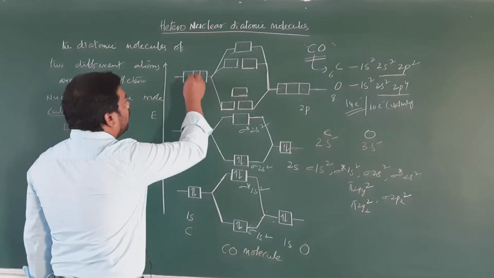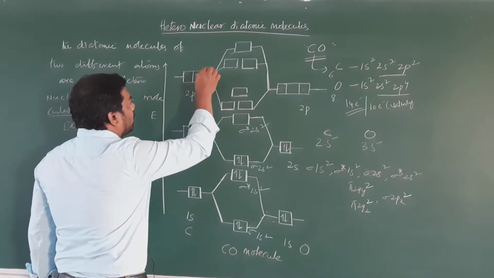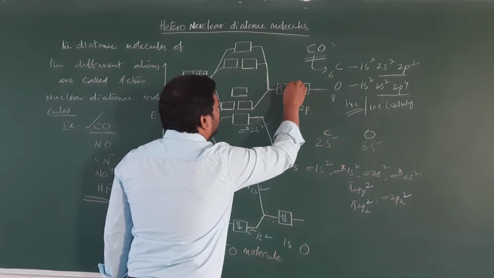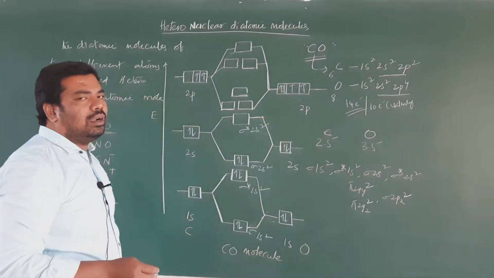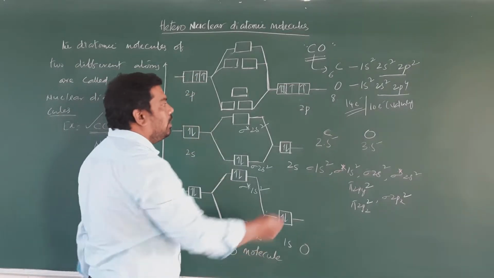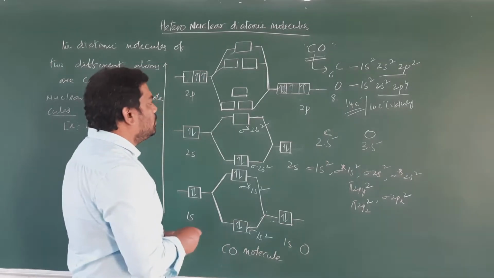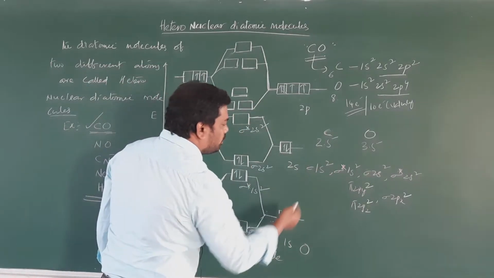Okay, in the carbon atom we have only 2 electrons in the 2p level, but in the oxygen atom we have 4 2p electrons, 1 2 3 4. So the 6 electrons overlap, the 2p orbitals of carbon atom and 2p orbitals of oxygen atom combine. The electrons enter the 2p level, that is pi 2py.